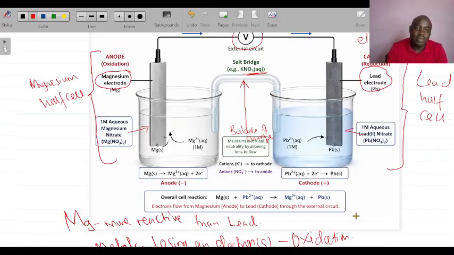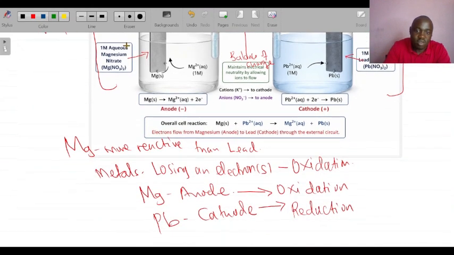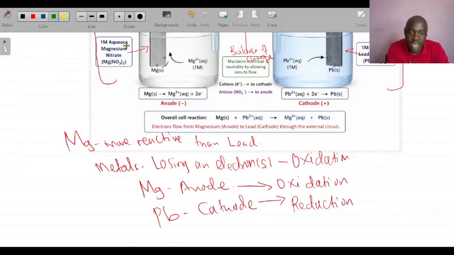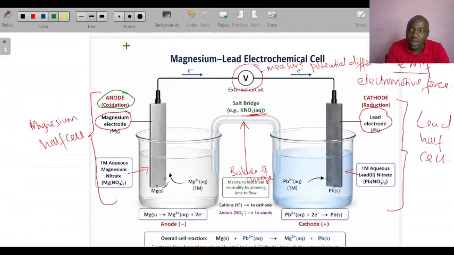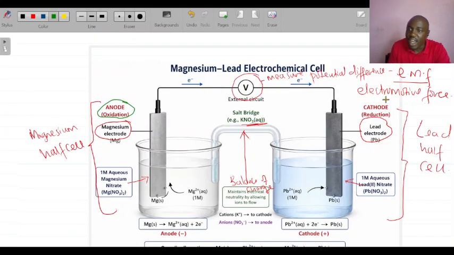That's why you can see now it has been indicated that our anode is where we have oxidation taking place. As we have concluded, magnesium becomes the anode, oxidation takes place. On the other hand, we have our cathode, where we have reduction taking place.